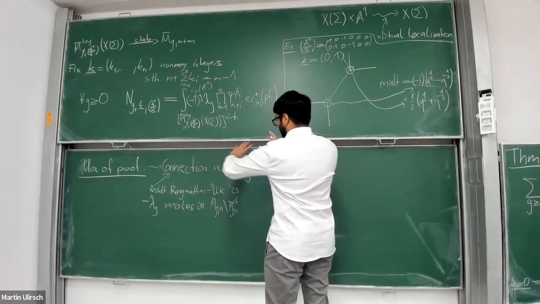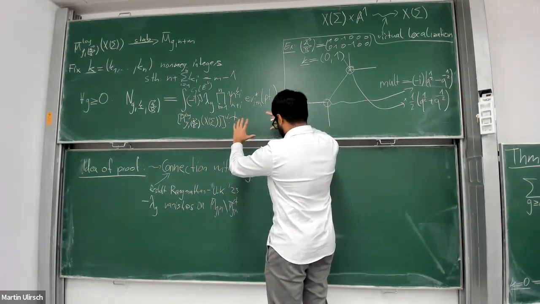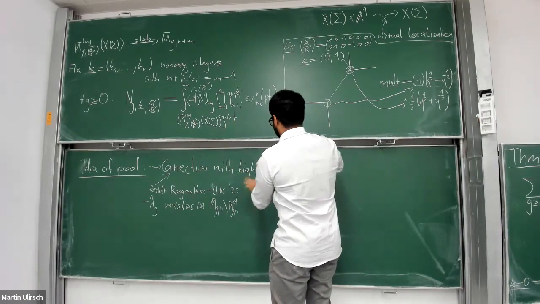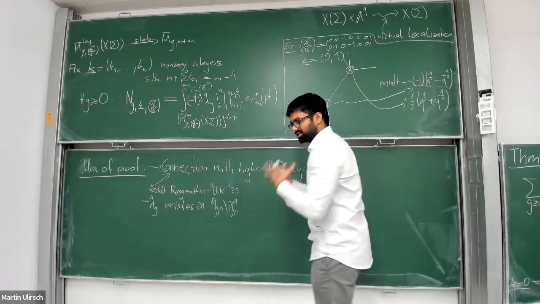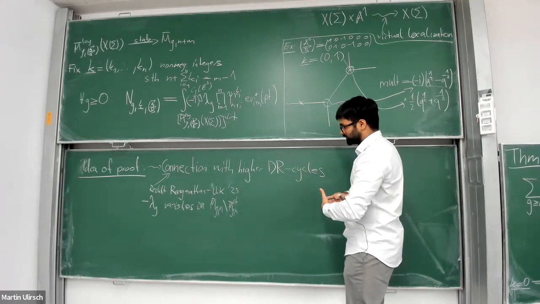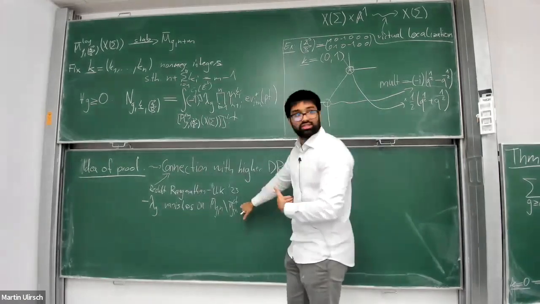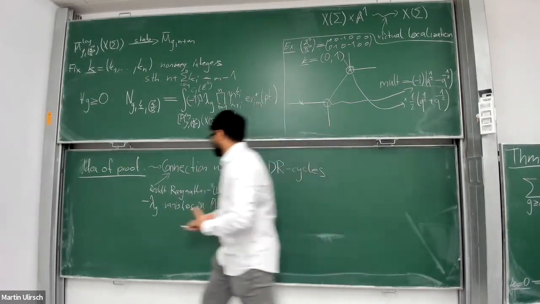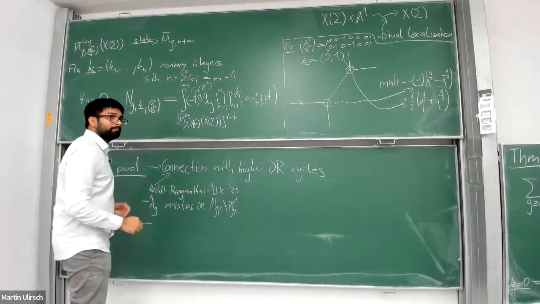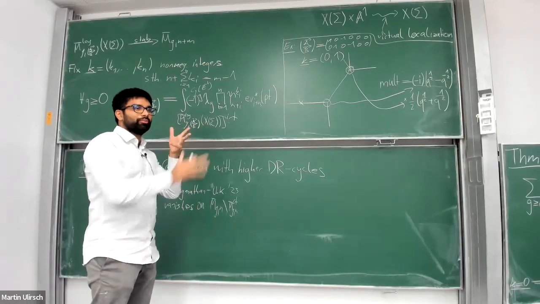So these higher DR cycles turn an intersection on the moduli stack of log stable maps into an intersection against the higher DR cycle, which is a certain natural cycle that lives on the moduli space of stable curves. And there I have my lambda_g. I use the fact that lambda_g vanishes outside the compact type locus. Compact type, you mean genus 0? Tropical, combinatorial genus 0, yes.